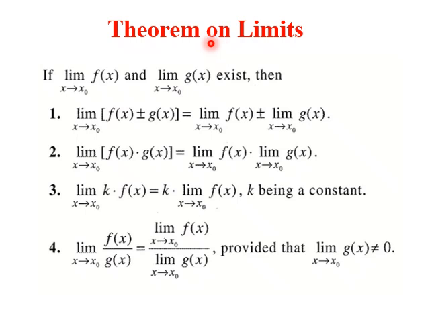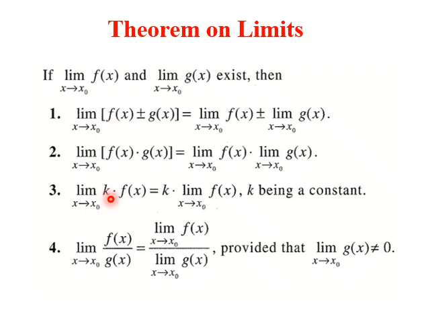Now let us try to use some algebra of limits, or the theorem on limits: if two functions f of x and g of x are given and the limits are taken as x tending towards x0, then the limit of their addition is equal to the addition of their limits. Similarly, it holds for subtraction also. Similarly for product, the limit of the product of two functions is equal to the product of the limits of the two functions.